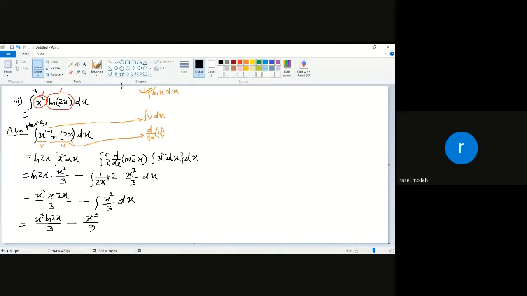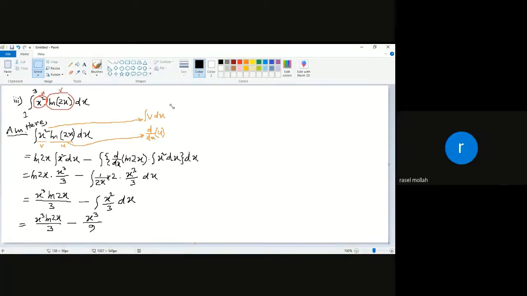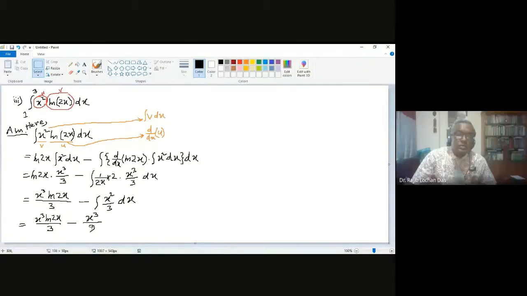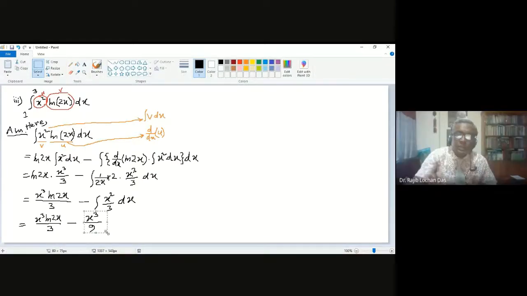Please check. Sir, I did not understand. Tell me which line you did not understand, which part. Sir, the 9 came, x cube divided by 9. Okay. So 1 by 3 is a number. Keep the 1 by 3 in front. So do the integration for x cube.